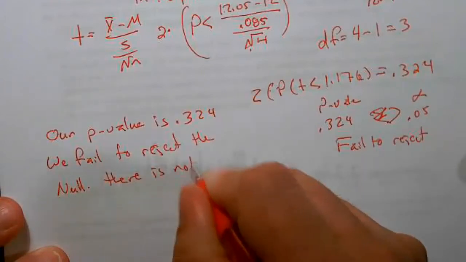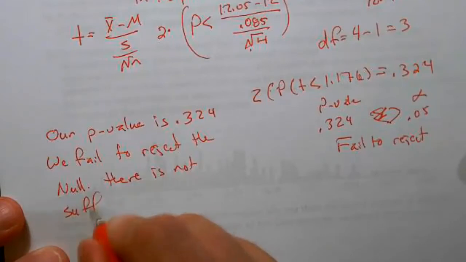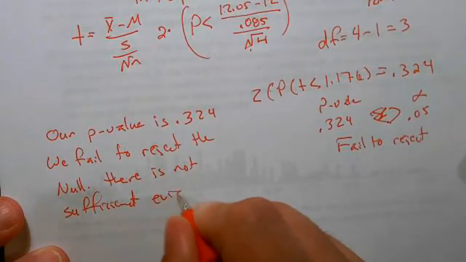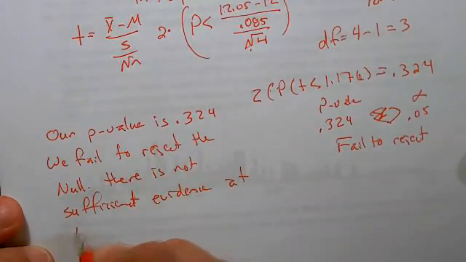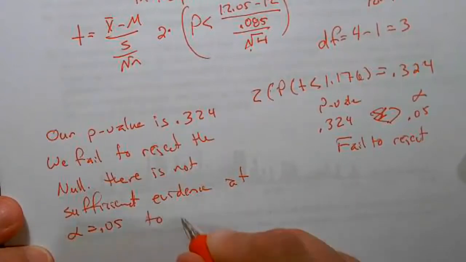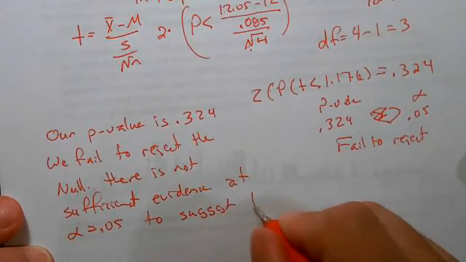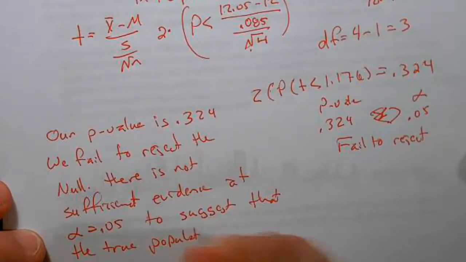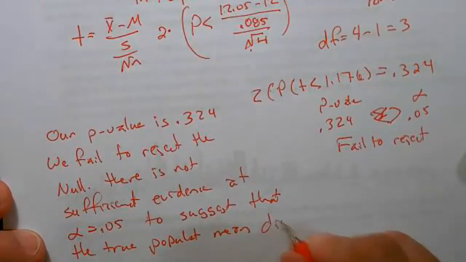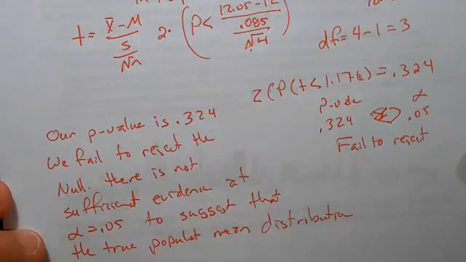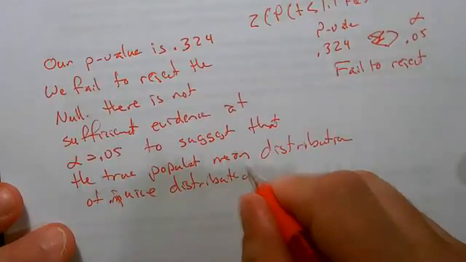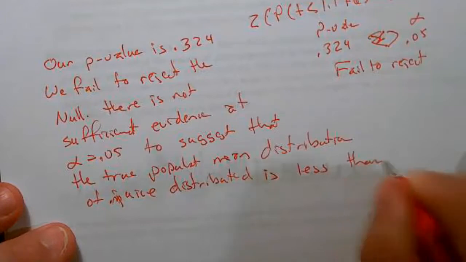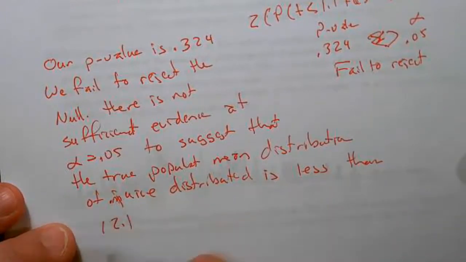There is not sufficient evidence at alpha equal 0.05 to suggest that the true population mean of juice distributed is less than 12.1 ounces.